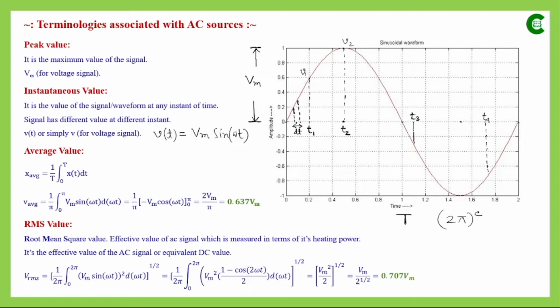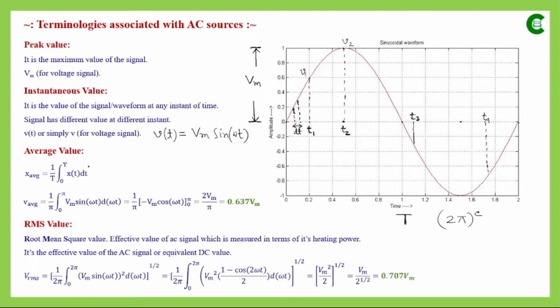Since this is a very small time, next we add all those smaller areas, for those small variations of time from the initial time to the final time, to get the overall area of that AC signal, and then we divide that whole area covered by the AC signal by the total time, or we can say the time period of that AC signal.